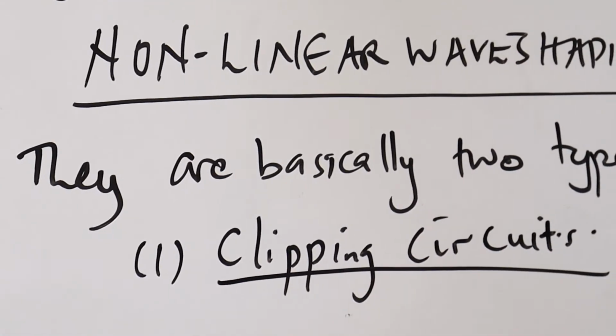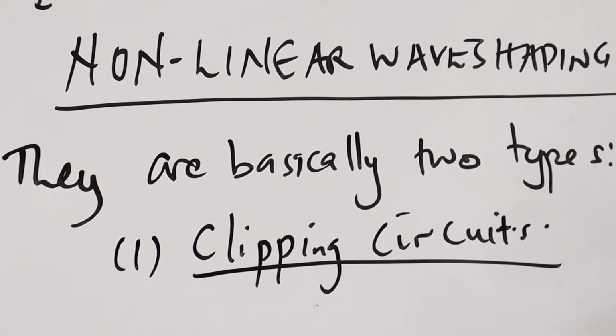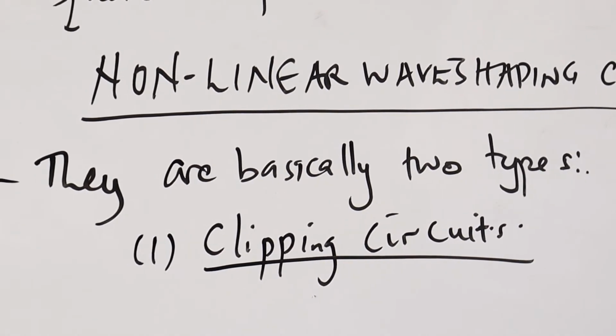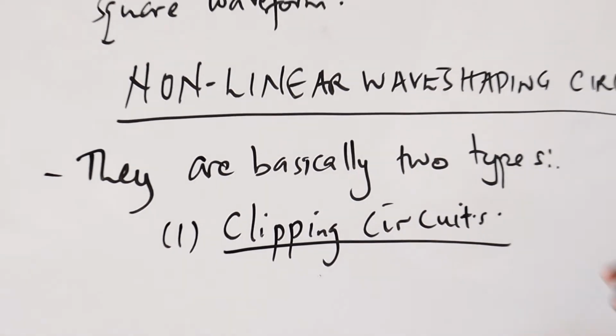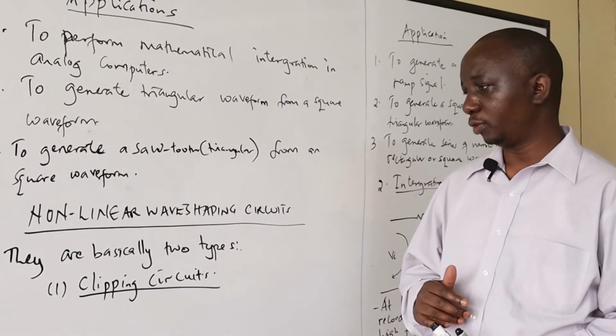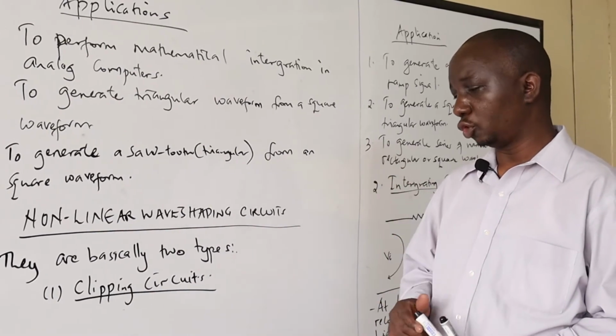When talking about clipping circuits, what do we understand by a clipping circuit? A clipping circuit is basically removing part of the waveform. These are circuits that are able to cut part of the output waveform so that it appears as expected, but a bit of it is chopped off.